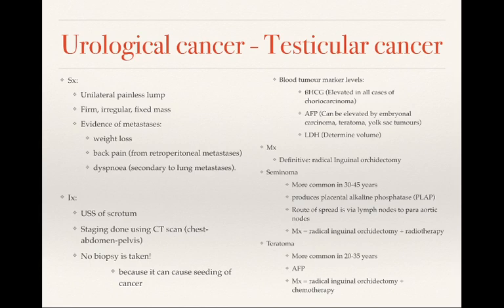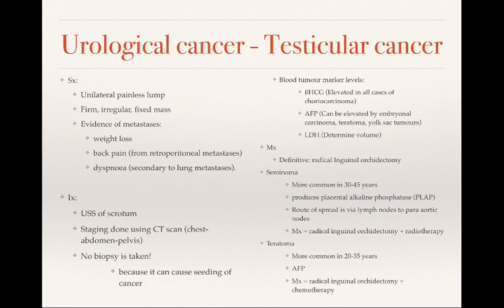In testicular cancers, you would also look for blood tumour marker levels, because each type of testicular cancer may release specific chemicals. For example, beta-HCG is elevated in all cases of choriocarcinoma. AFP is elevated in non-seminomas, so that includes embryonal carcinoma, teratoma, and yolk sac tumor.